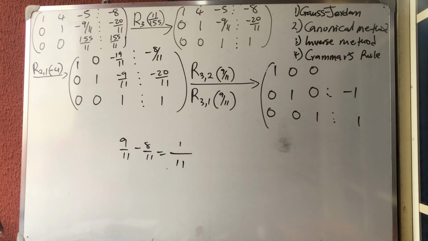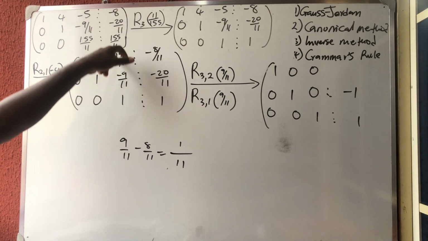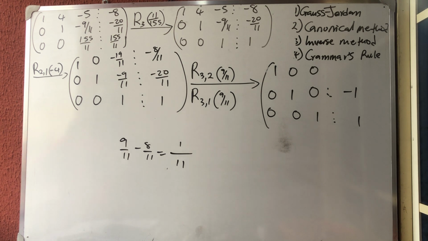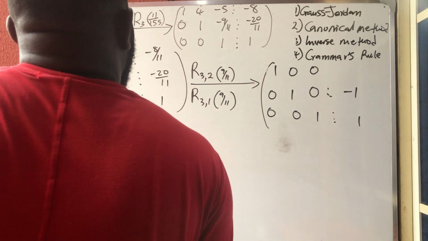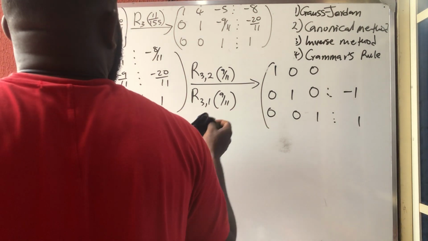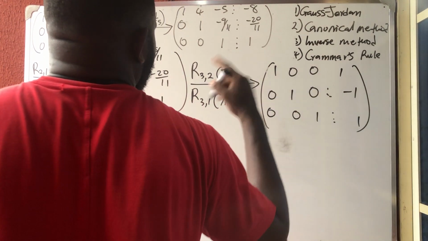I think there is an issue somewhere. Because the only thing that will give me 0 here is by multiplying this thing by 1 and adding it here. So how did I get that? Okay, I think there is a mix-up somewhere, but it's supposed to give me 1. So please try to find where the mix-up is.